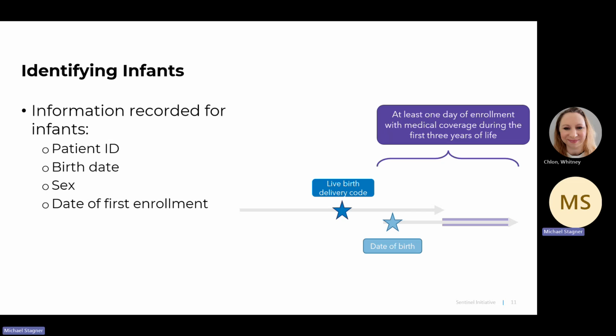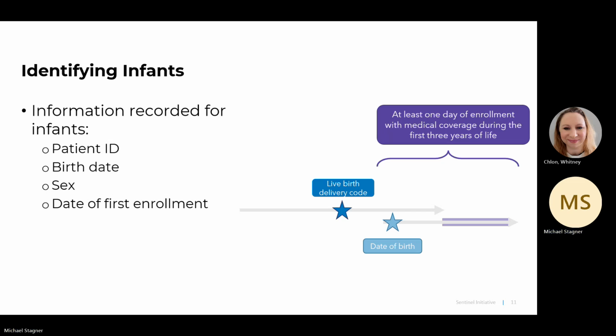which also has an ID, the birth date, which should be relatively close to the delivery date for linkage, the sex of the infant, and also their enrollment information.